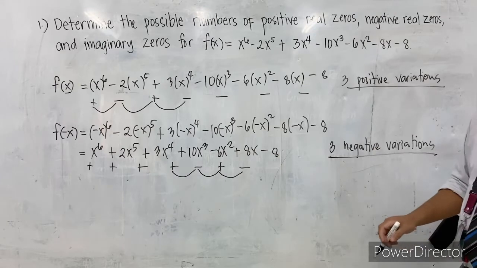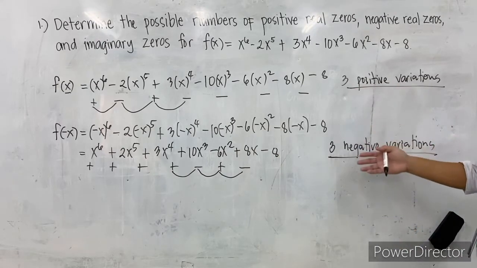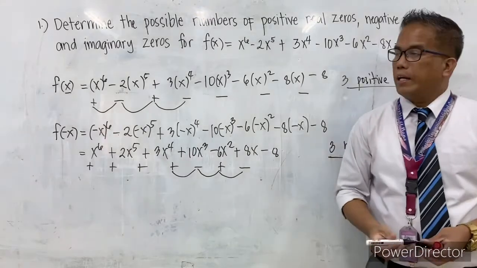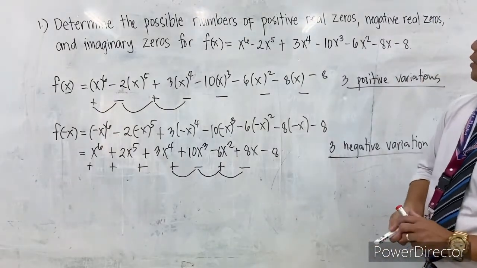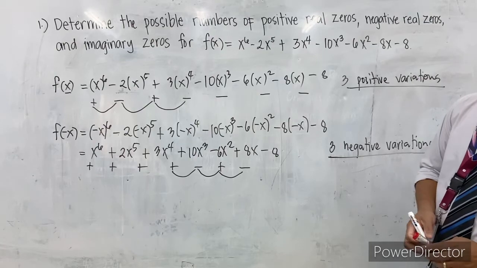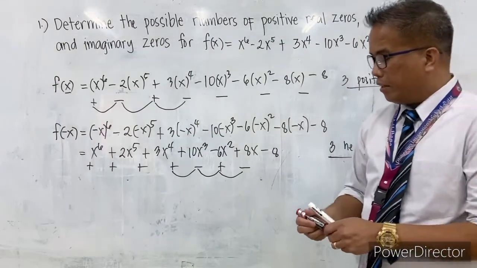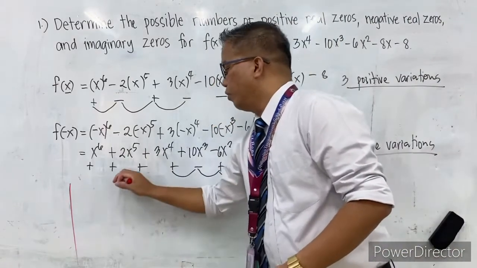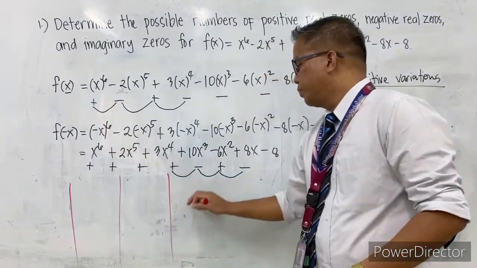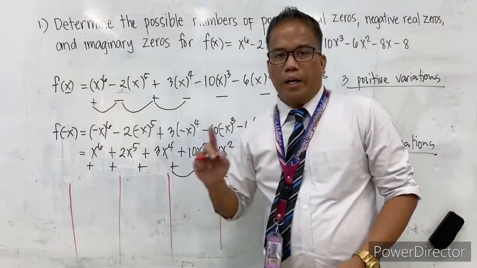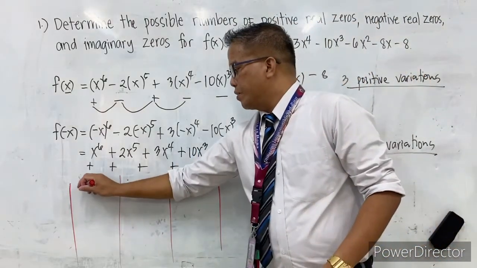Now, since we have 3 positive variations and 3 negative variations, we will look for the imaginary zeros. How many possible imaginary zeros are there? Let's make a table. We will divide it into 4 columns. The first column is your positive zeros.